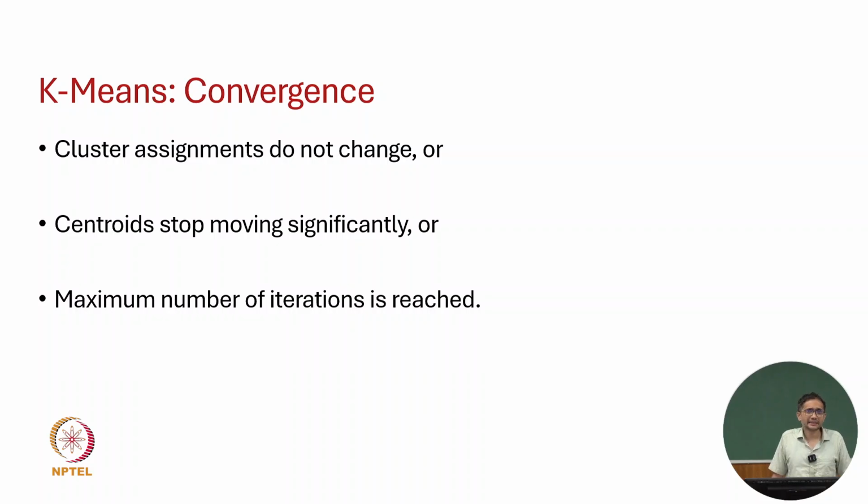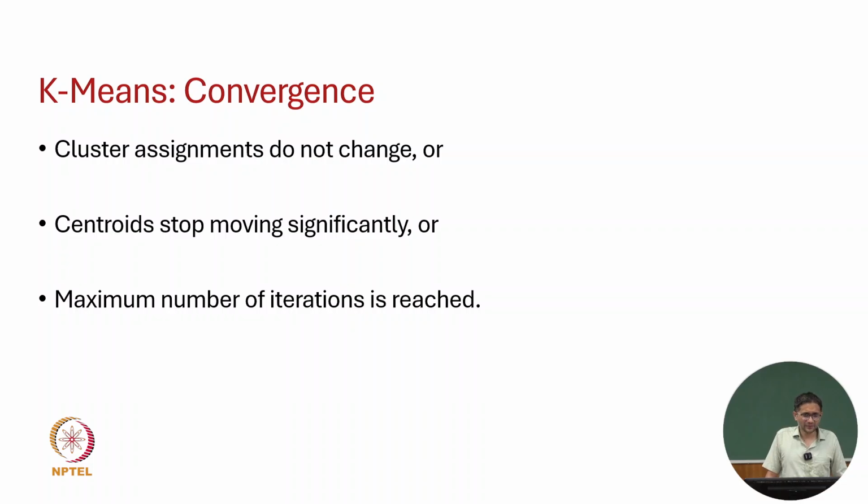One is that the cluster assignments do not change. Between the previous iteration and the current iteration, if the cluster assignments do not change so much, we can say that maybe we have reached convergence. Another very similar approach is that the centroids that are representative of different clusters, similar to if there were two teams and the two captains.